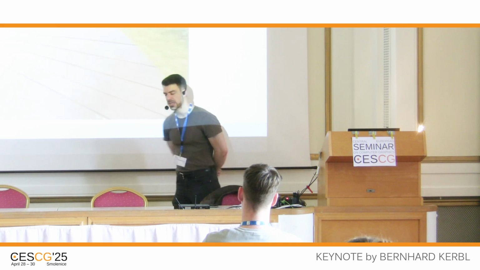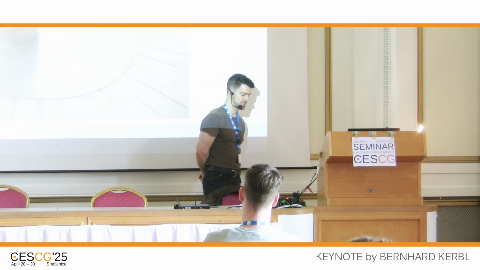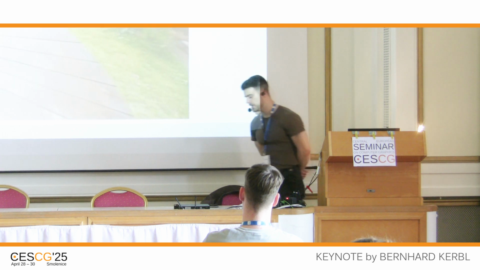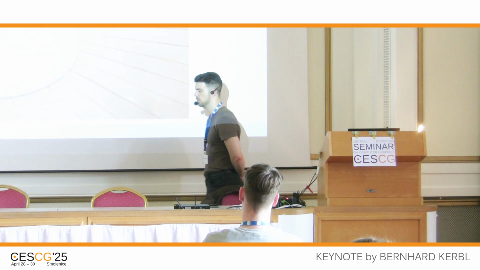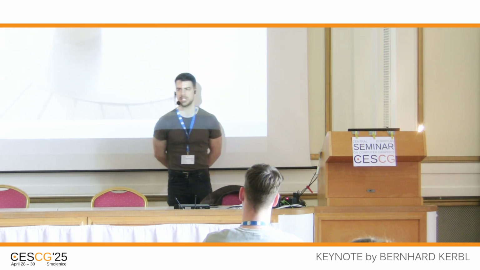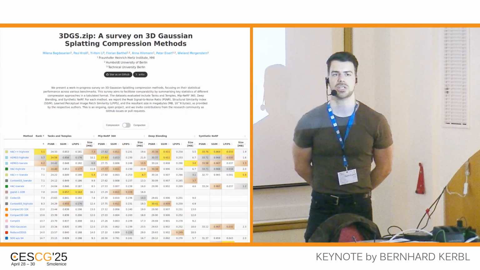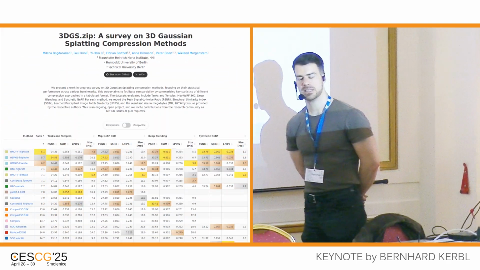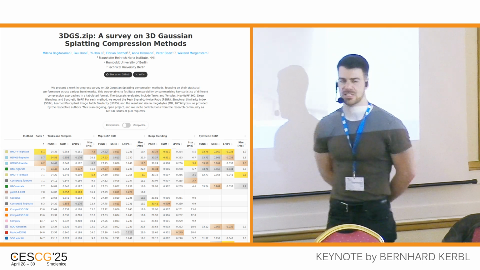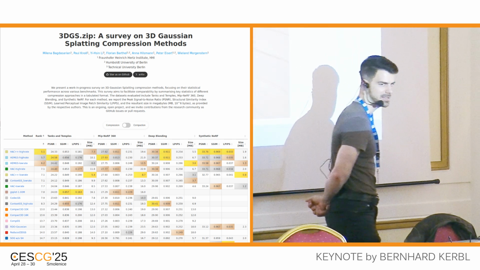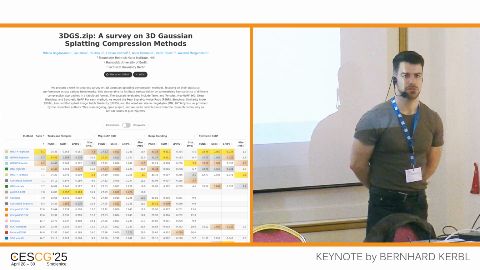The evidence has shown that these approaches lag behind more sophisticated ones. There's actually a whole site, or let's say a whole repository, dedicated only to compression of 3D Gaussian splatting. I think it's called 3dgs.zip, and it compares the latest methods of compression for 3D Gaussian splatting datasets and what they achieve.